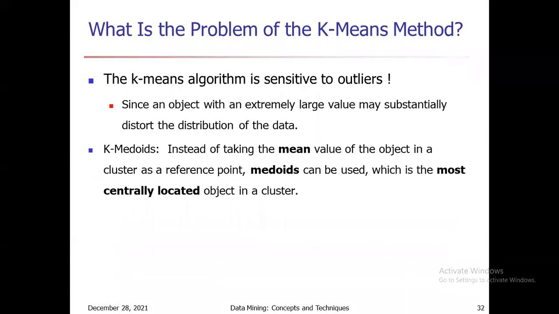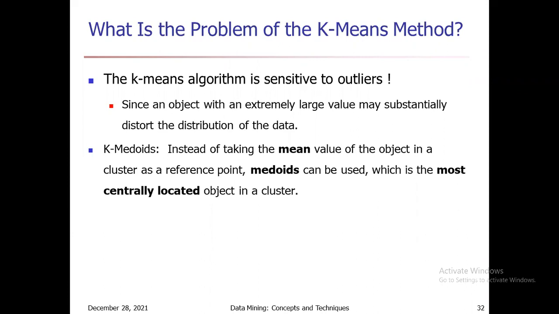The k-means algorithm is sensitive to outliers. Why? Since an object with an extremely large value may substantially distort the distribution of the data.